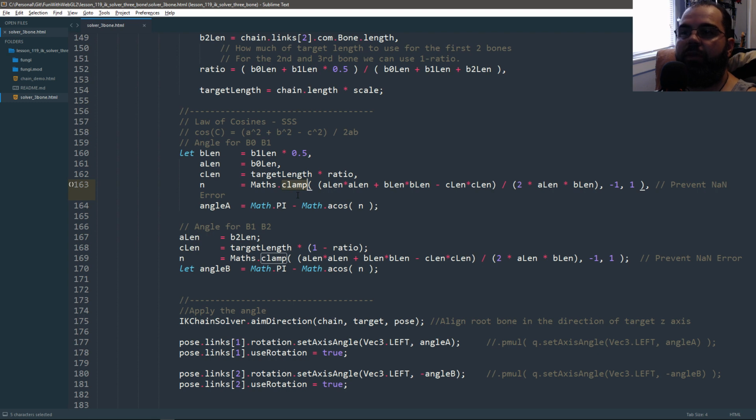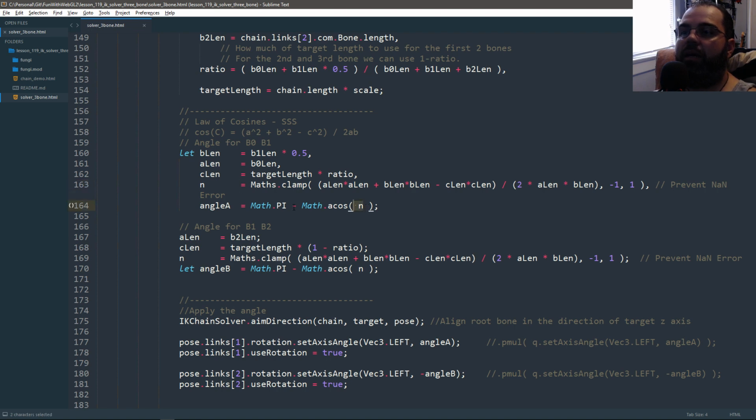Now it's important to clamp because this value can accidentally go outside the range of -1 and 1, because cosine of c equals this. But if I want to get c, which is the actual angle, I need to use arc cosine. The final value, I just dump it into a variable called n, just for a number.